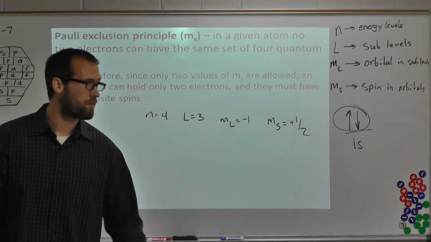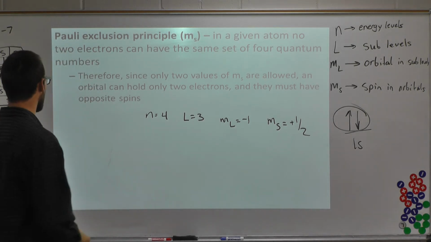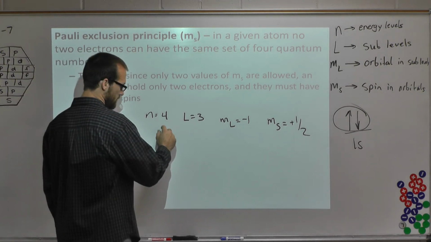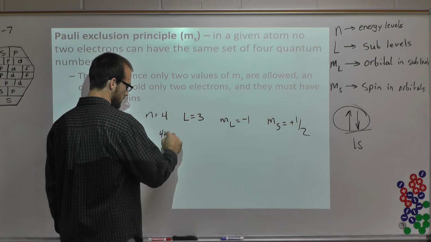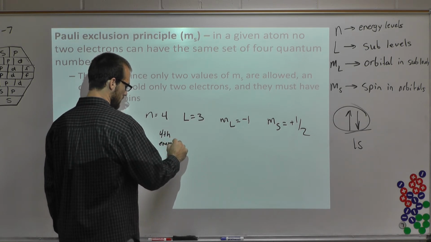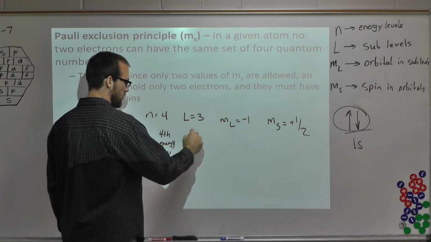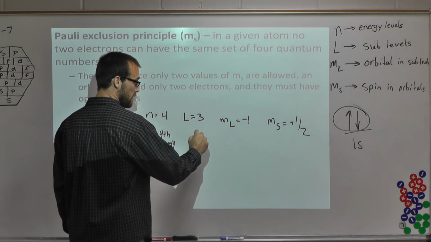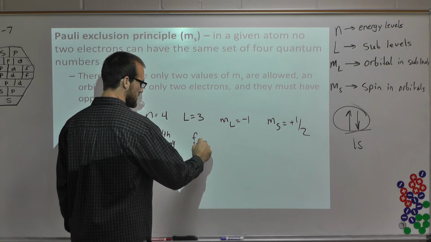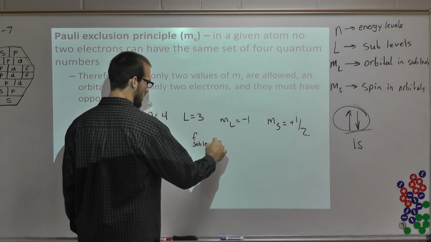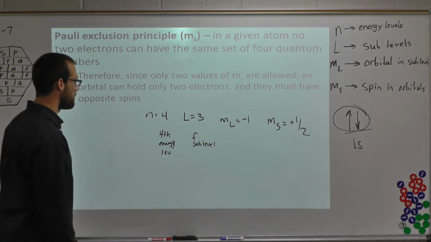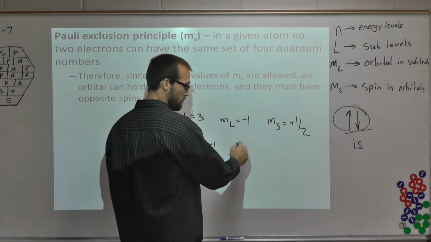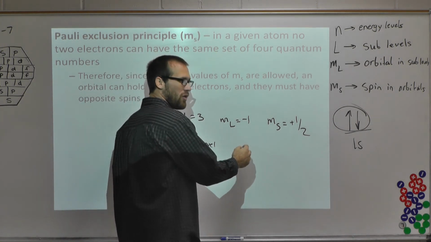Yep. This is referring to the 4th energy level. This is referring to the F sublevel. Is the F sublevel possible in the 4th energy level? Yep. This is referring to one of the orientations.